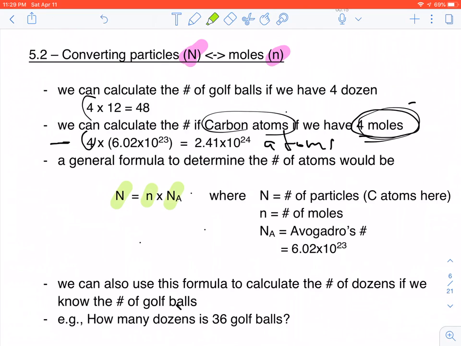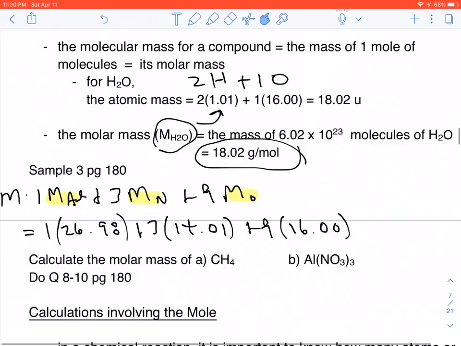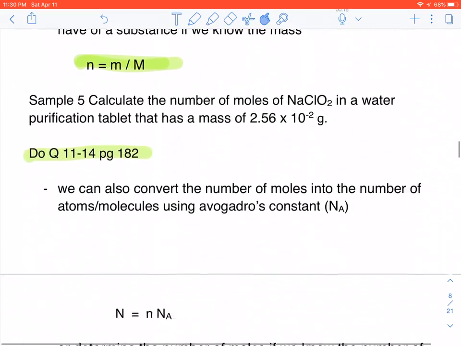Or, if I know how many particles I have, I can use that to determine how many moles, because I know Avogadro's number. So big N is equal to little n times NA.